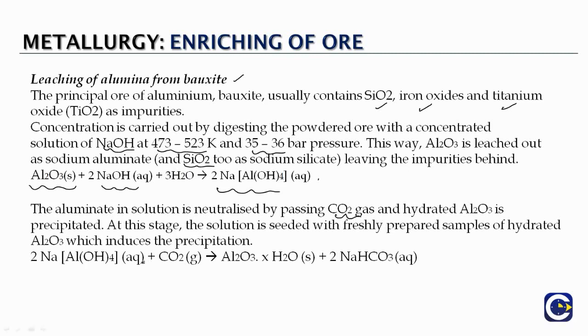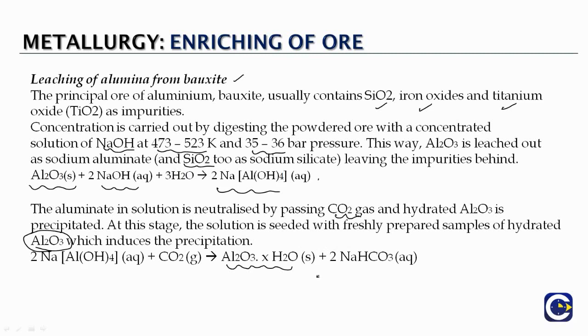So when we pass CO2 gas, what essentially happens is that a hydrated aluminum oxide gets formed, and the hydrated aluminum oxide that is formed is made to precipitate by seeding with freshly prepared samples of hydrated Al2O3.